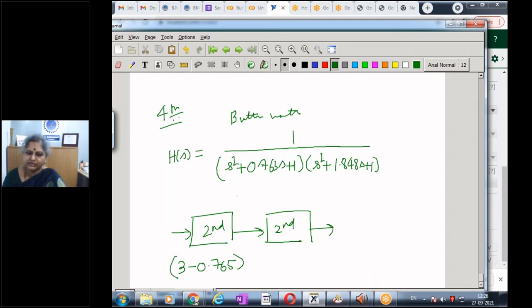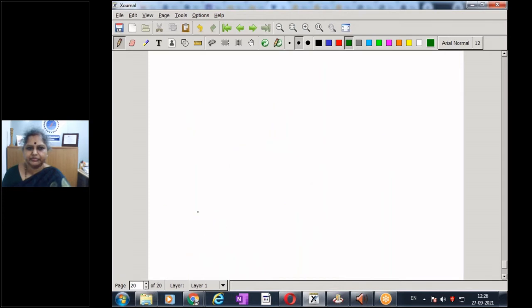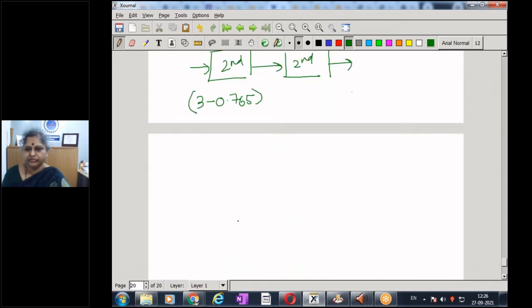How much is this? Can someone tell me what is the value? 3 minus 0.765. Yes, thank you, Kavya. So we have the gain as 2.23.